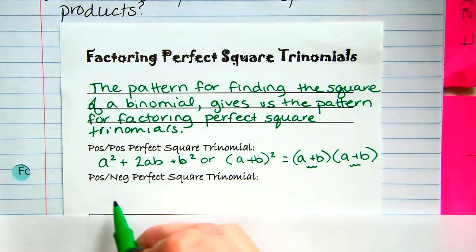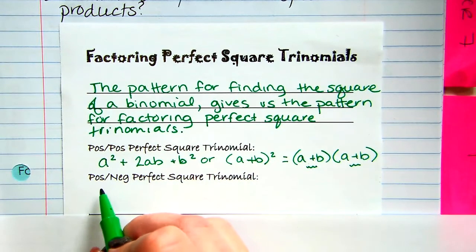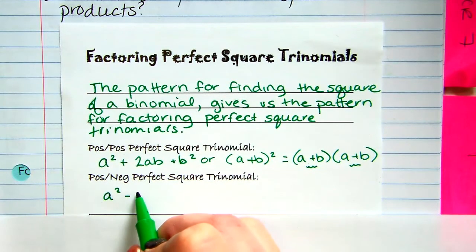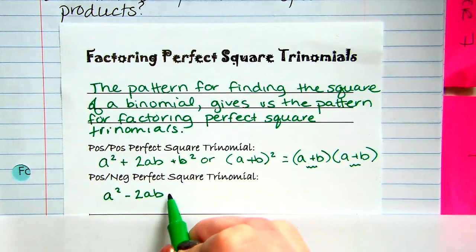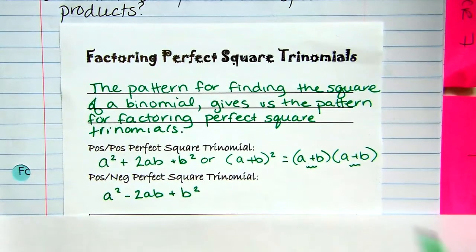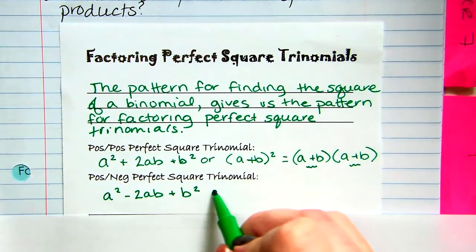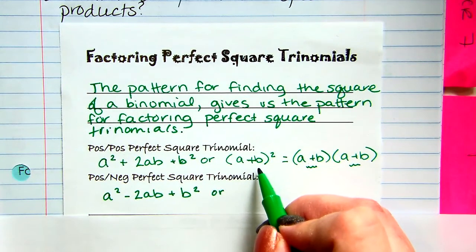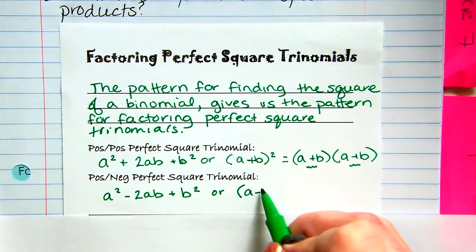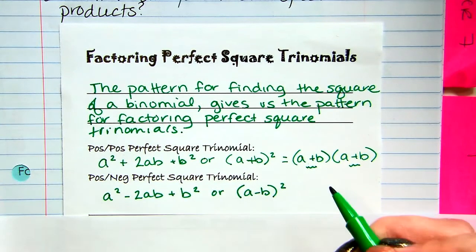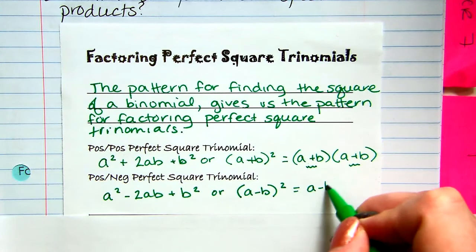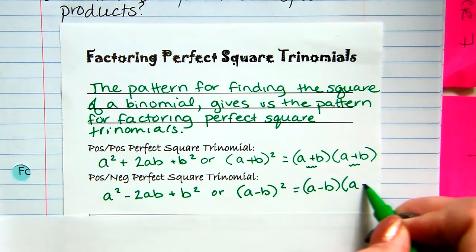It's going to look like a squared minus 2ab plus b squared, or when it's written in its singular form, a minus b squared, or we will see it as a minus b, a minus b.